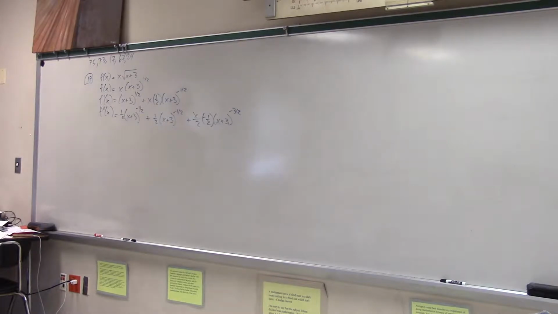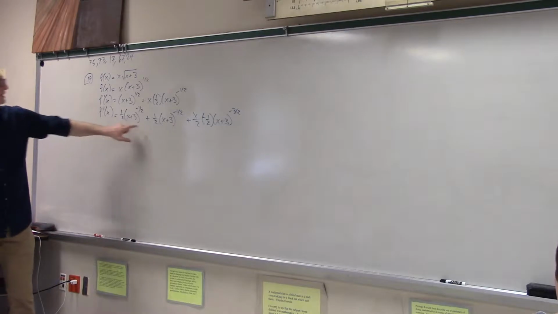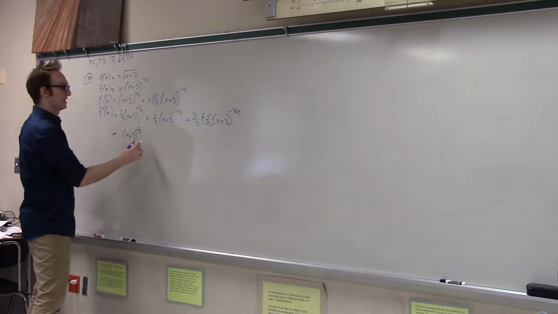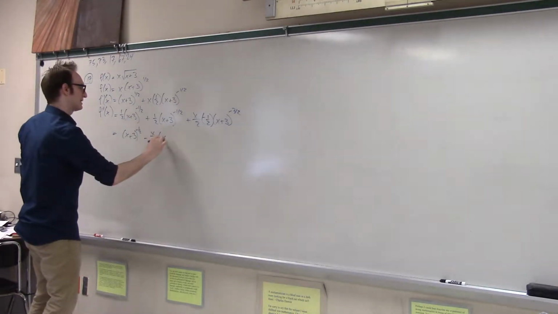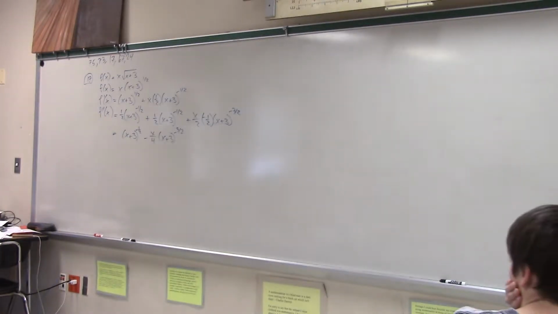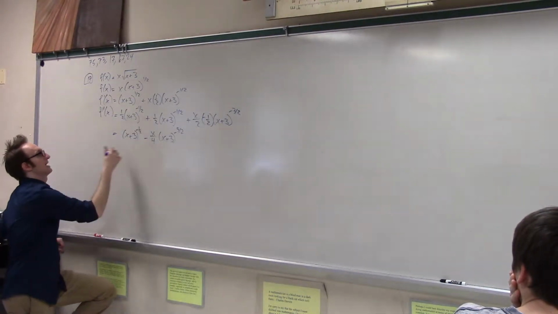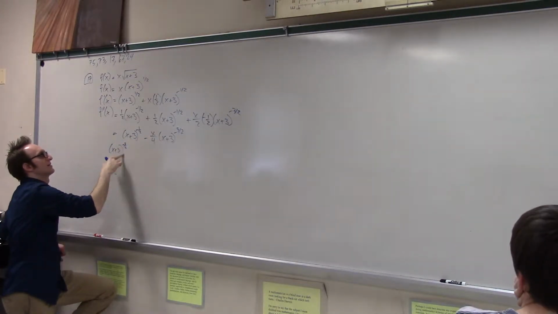There it is. Now I have to try to simplify this somewhat. Here I can just combine like terms, so that's (x plus 3) to the negative 1/2, and then over here that's minus x over 4 times (x plus 3) to the negative 3/2. Instead of doing terrible things with fractions and radicals, if we do it the cool way, we're just going to factor. I'm going to take out (x plus 3) to the lower of the two powers, which is the negative 3/2.